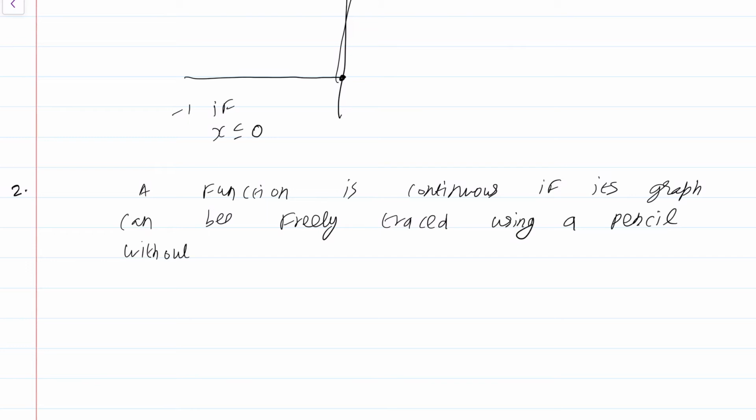Now this should remind you of several puzzles that you might have done when you were a kid. You are given a set of dots, you have to join all the dots together and get back to the original point without lifting up your pencil. So this is one more idea of what a continuous function should be.